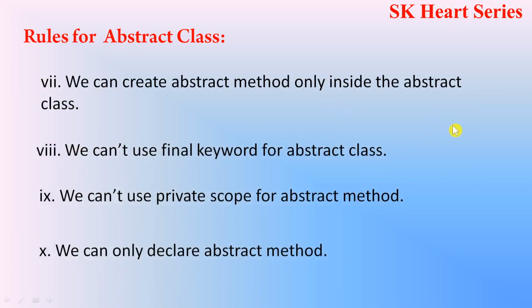The 9th rule is we can't use private scope for abstract methods. Here we will see one example for this rule.